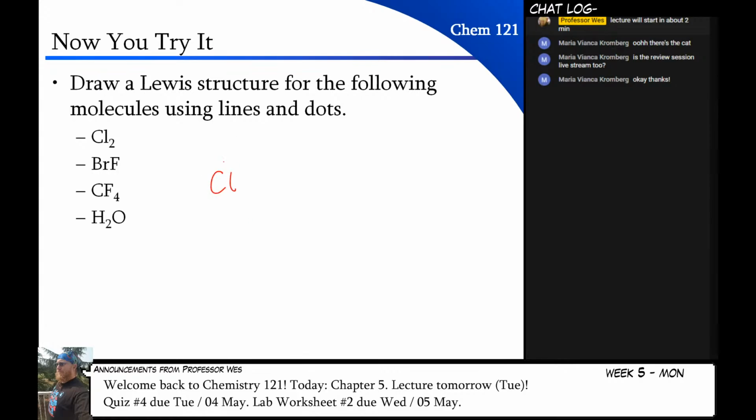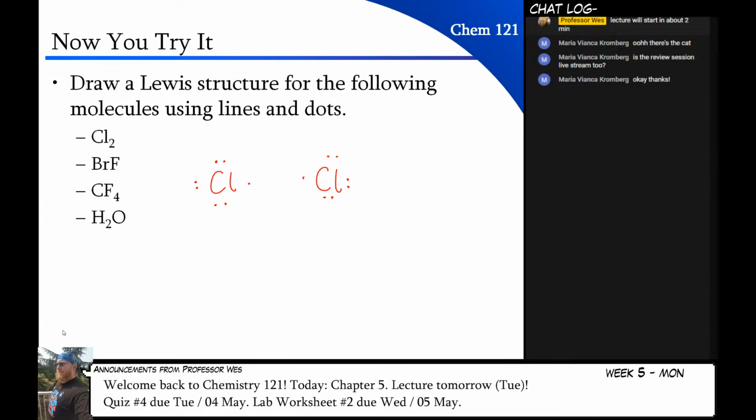So this is the simplified form. I'm going to take my chlorines, and I'm going to draw the number of valence electrons around chlorine. So that's 7, because it's in group 17. And then I have another chlorine. And then I need to share electrons so that I complete the octet for everything. So remember, only unpaired electrons can be shared.